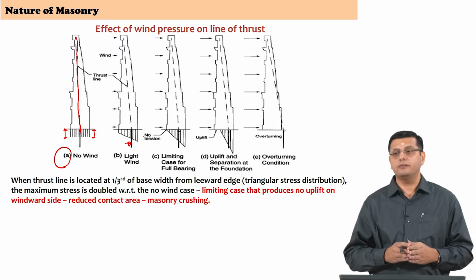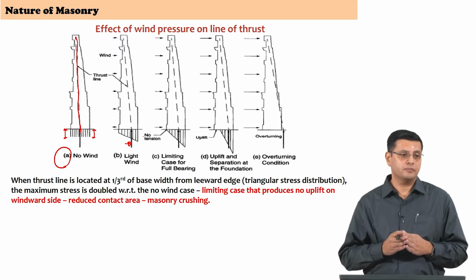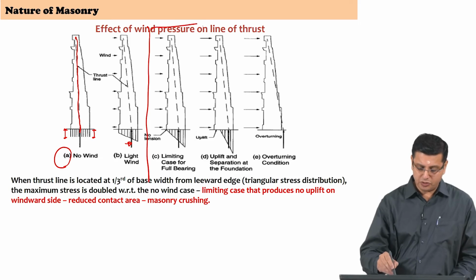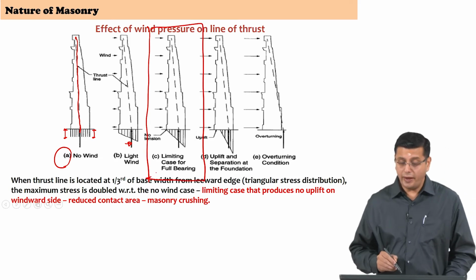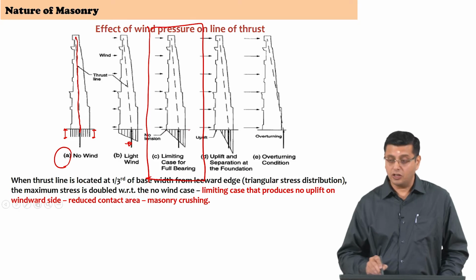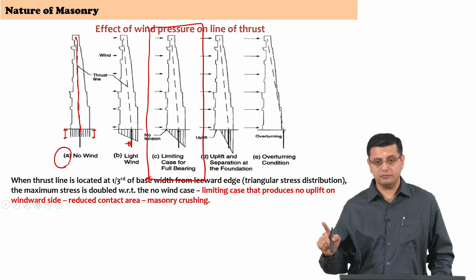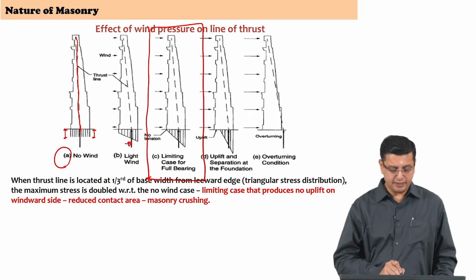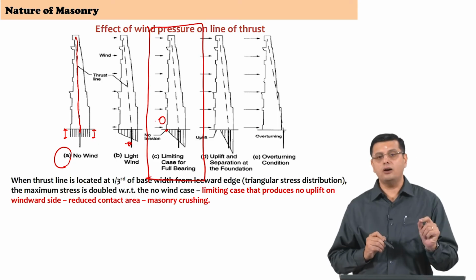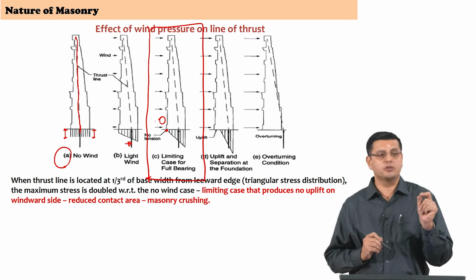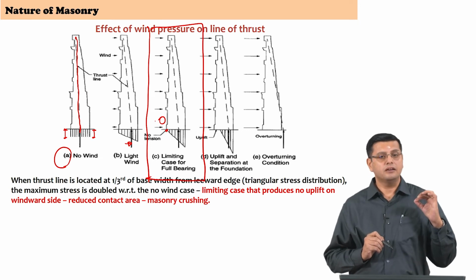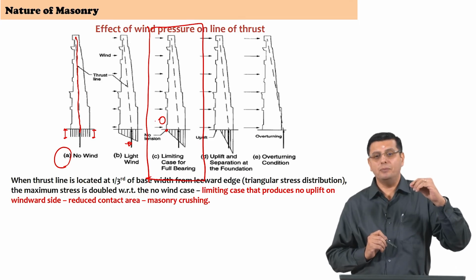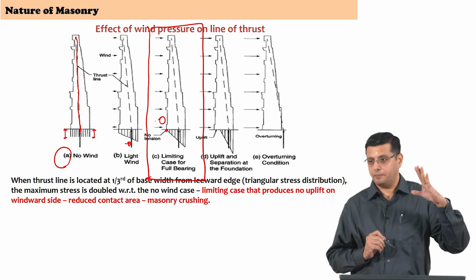As you move forward, there is a limiting case that you will reach, and that limiting case is a very important situation where the cross section is still fully in compression, yes, but this edge which we had designated earlier as O is now reaching a state of 0 stress, which is it is no more in compression and it has been decompressed at this point in time.